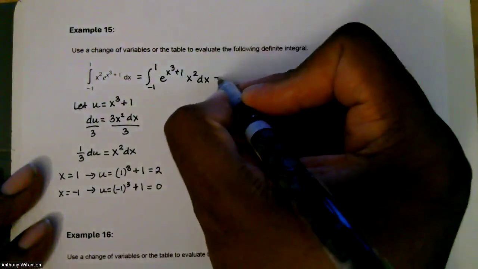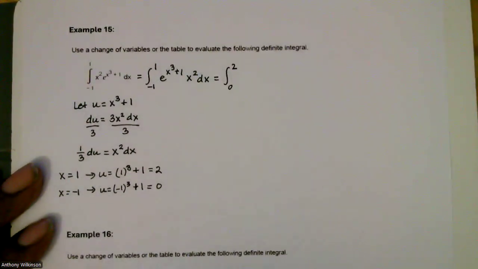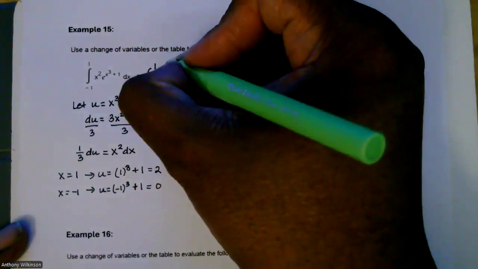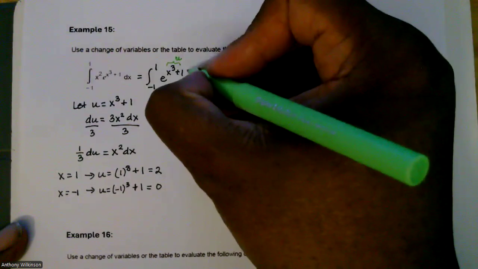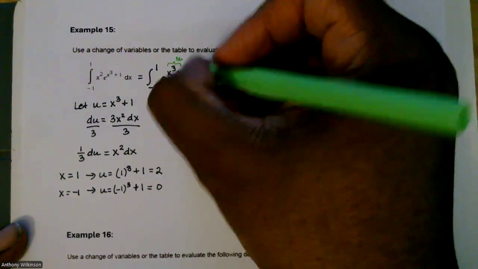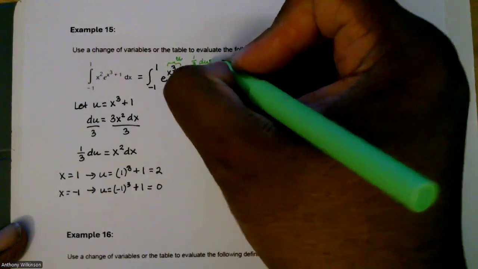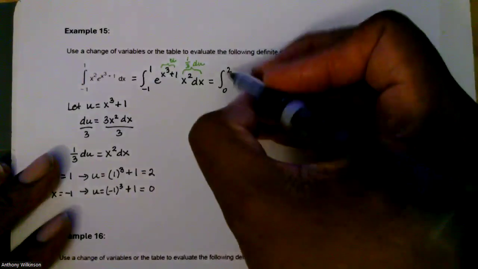Okay, so I have the integral from 0 to 2. Now that x cubed plus 1, that's your u. The x squared dx, that would be, in this case, 1/3 du. And I'll show that as is.